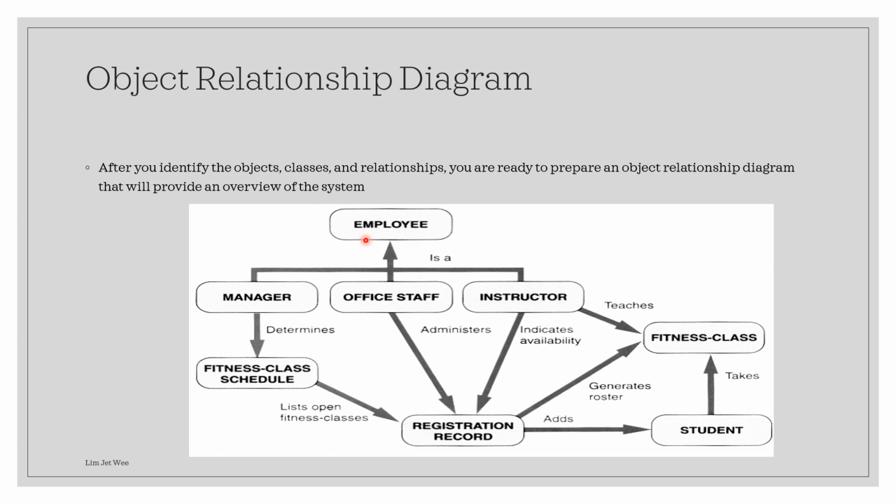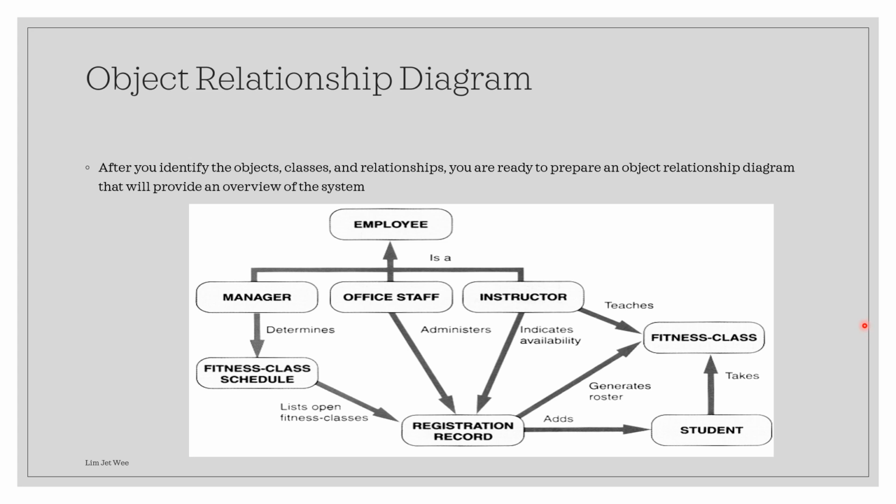You have all your main objects, the parent, then you have all the child objects, then it goes down, and you identify the relationships bit by bit, and this gives you a very nice graphical representation of all your objects.